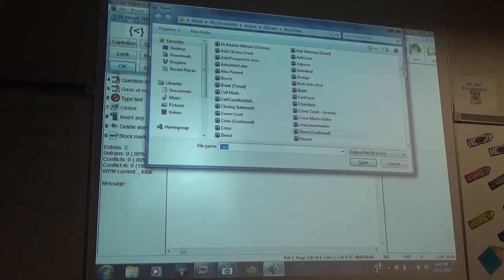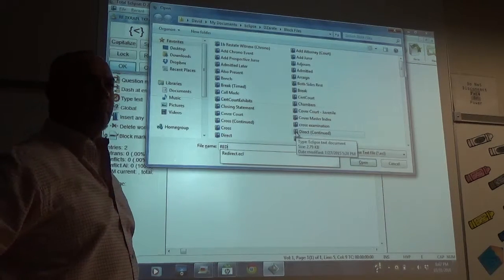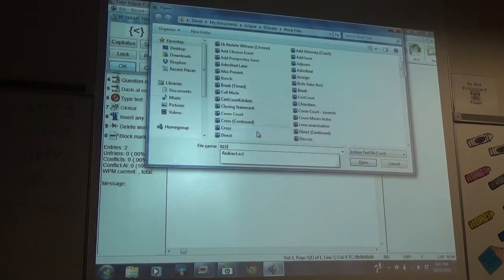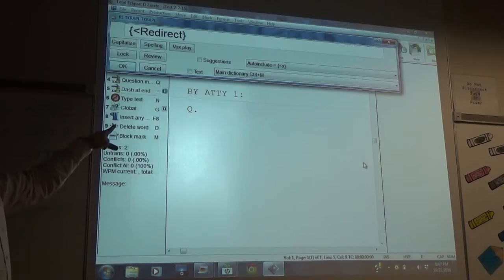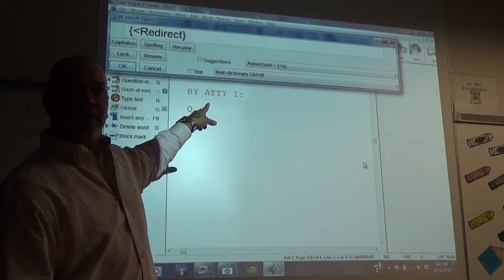And do RED. Redirect. Redirect. Highlight it. Make sure it's in there. Open. That's what it should look like. Does it look like that? Yes.